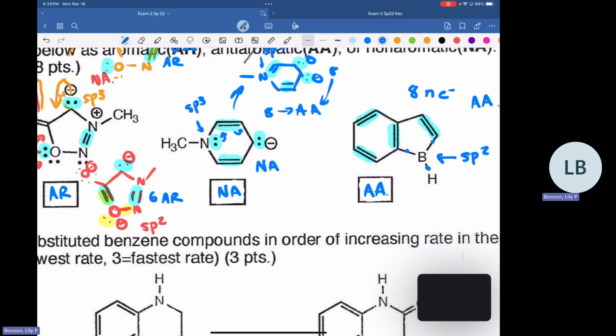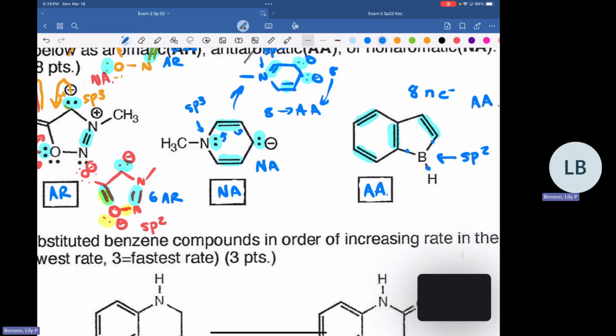And when we look at the amount of pi electrons in the cycle, it gives us 8 pi electrons, which would be an anti-aromatic structure. But since this nitrogen can be sp3, the molecule is going to want to stay sp3 and in that non-aromatic form because non-aromatic is more stable than anti-aromatic. So it's not going to want to shift to be anti-aromatic because it's just not stable.